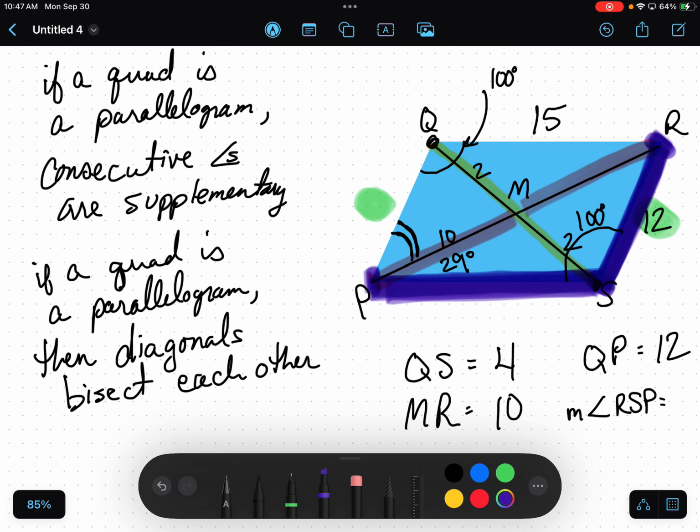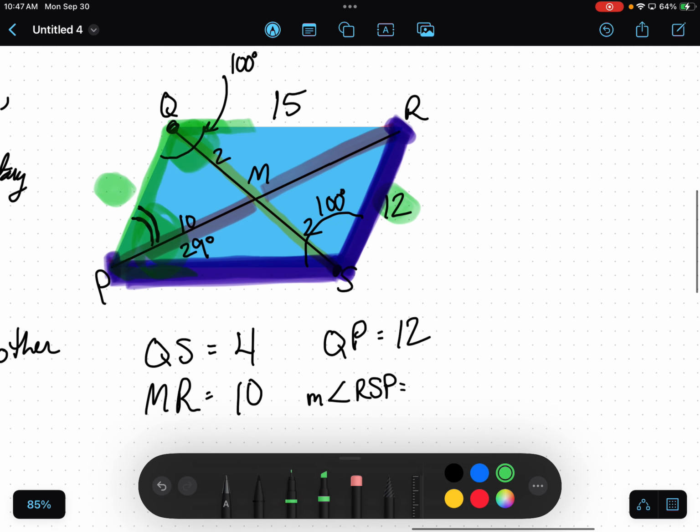I told you at the beginning that consecutive angles, meaning like from here to here, around that horseshoe, should be how many degrees total? 180. This angle and this angle total should be 180 degrees. You have 100 of it already used up, right? Because where Q is, that's 100 degrees.